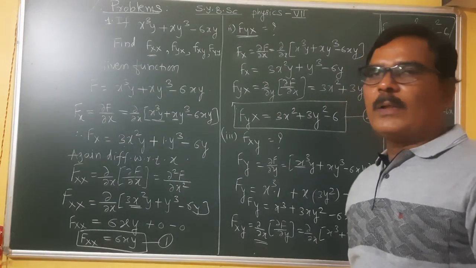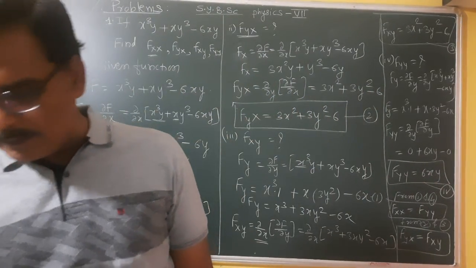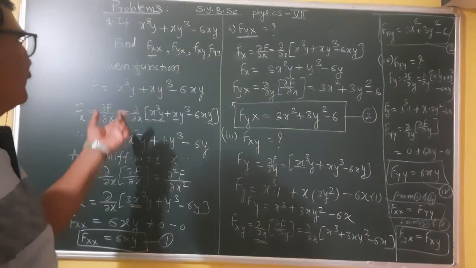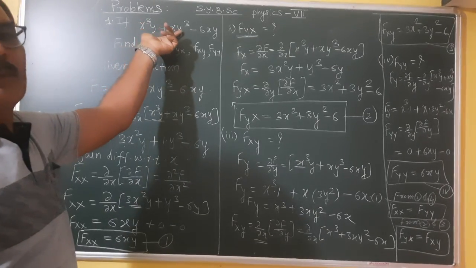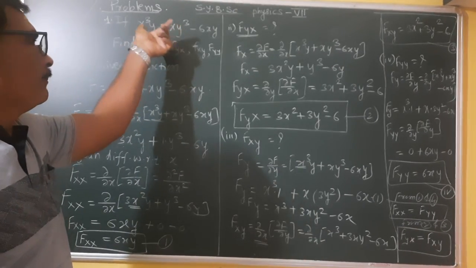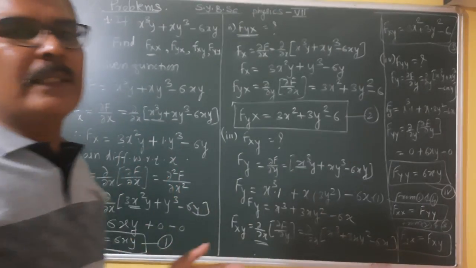One more problem we have to take up for the exam. First of all, the given function is there, and we have to find the first derivative, that is ∂f/∂x.